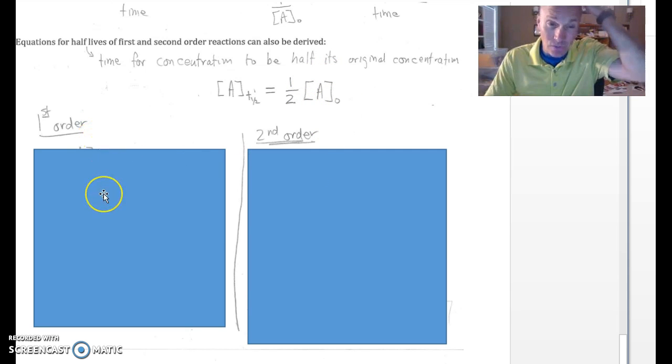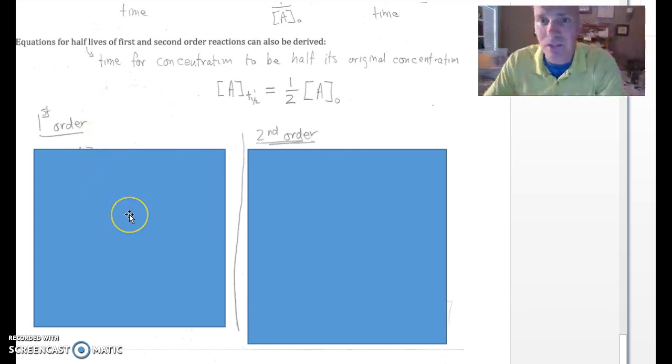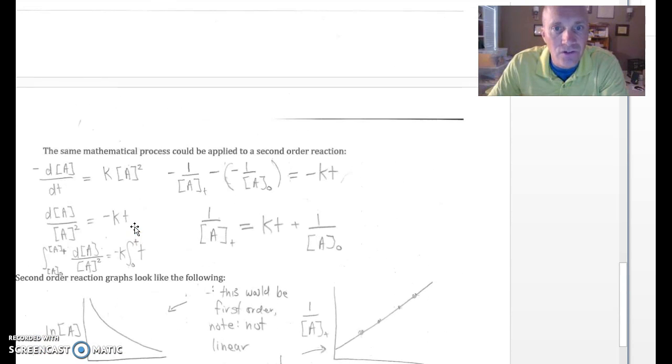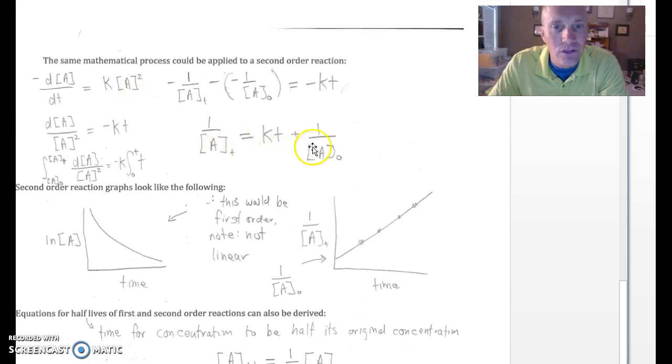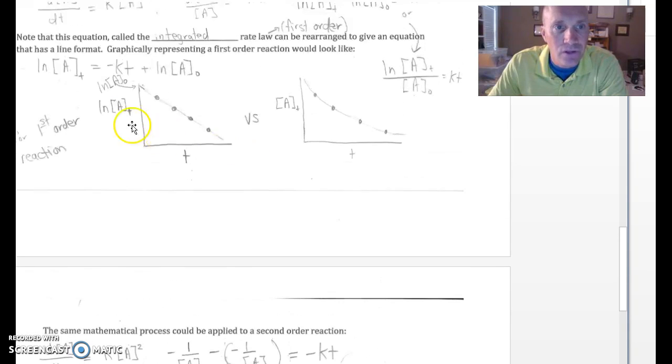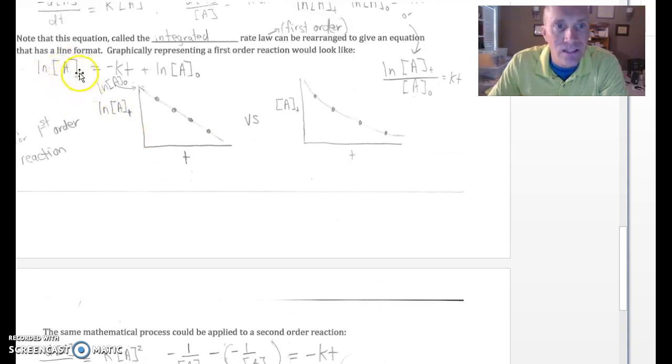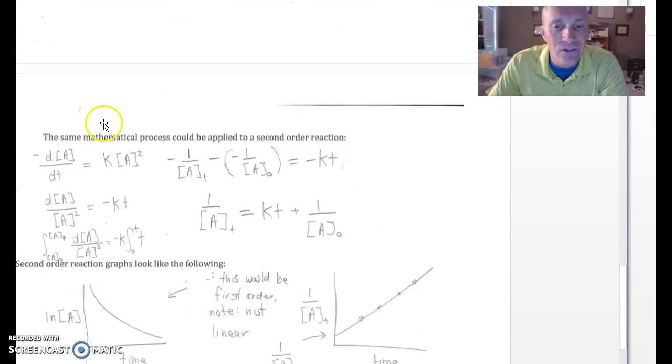We should be able to use some of the equations that we have used so far. Remember, we have an integrated rate law for a first order reaction, which looks like this, and an integrated rate law for a second order reaction that looks like this. Whenever we have [A] at t, we can substitute in what we've derived so far.